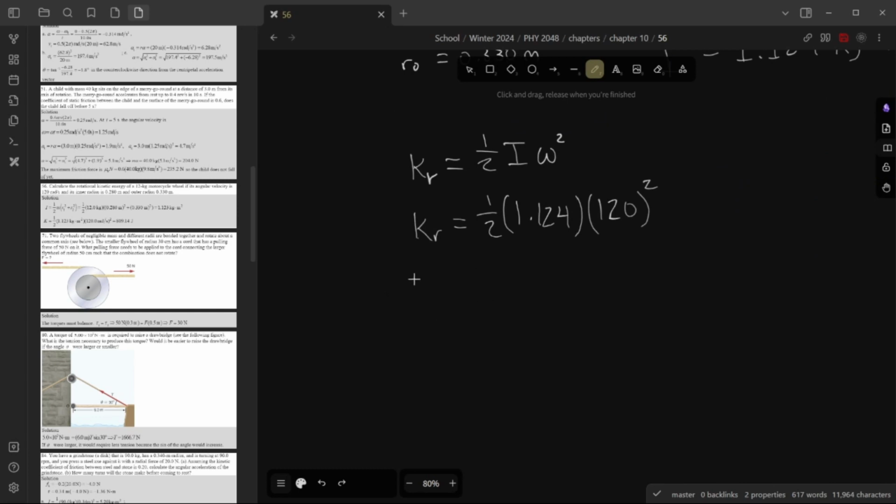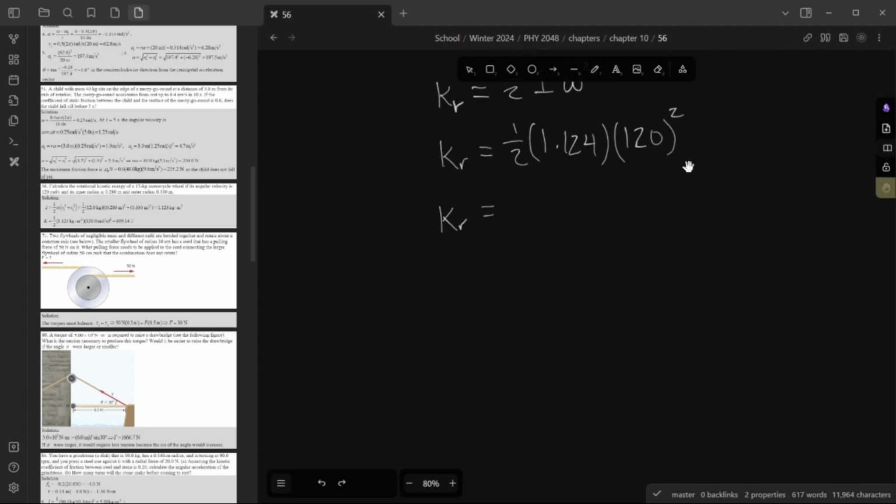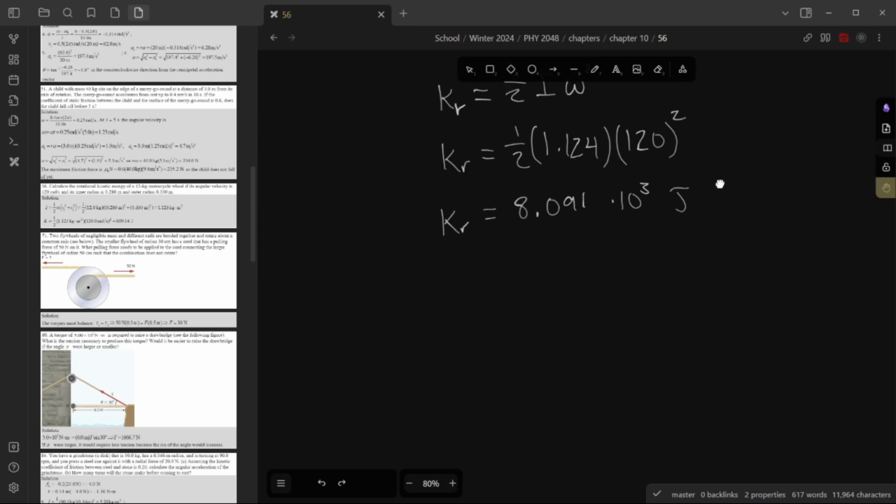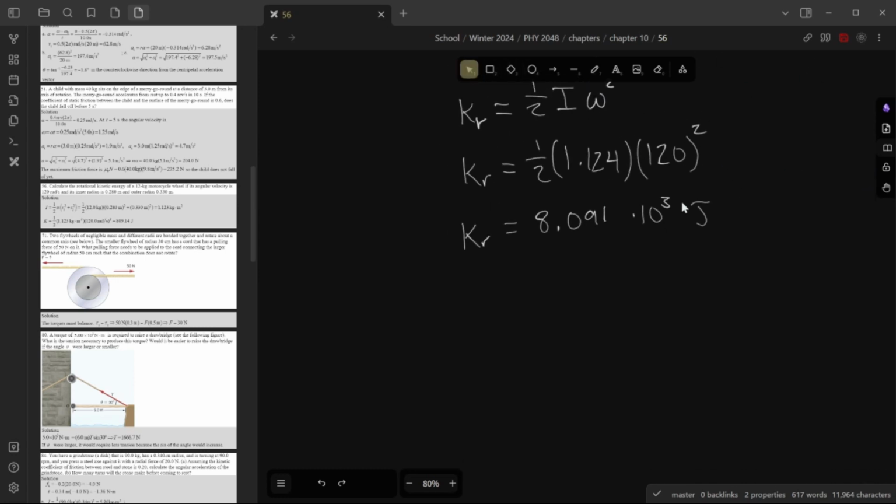So let's go ahead and calculate this. When we're all said and done with that calculation, we find that we get a kinetic energy of 0.91 times 10 to the 3 joules, and this represents our rotational kinetic energy, and this is our final answer.